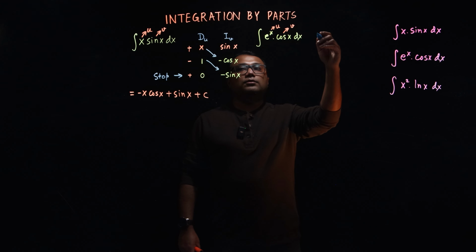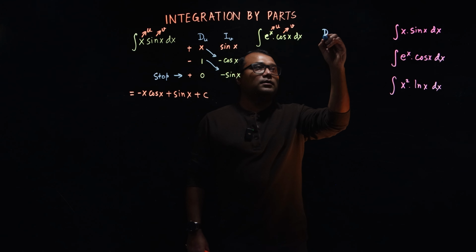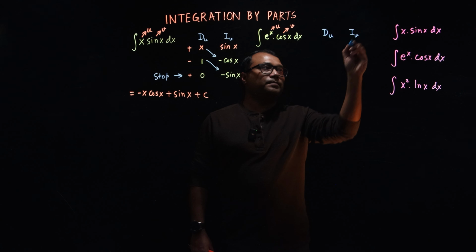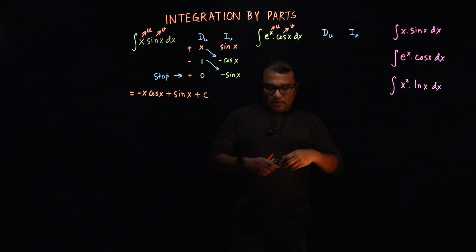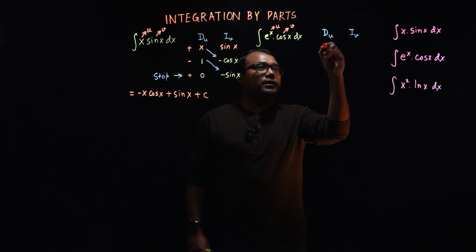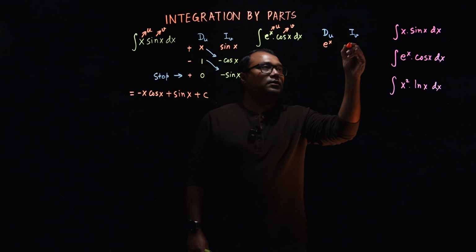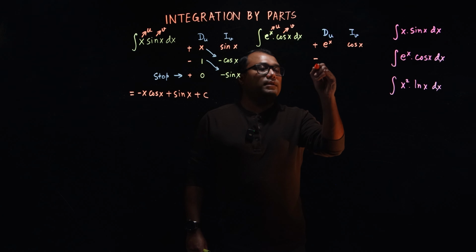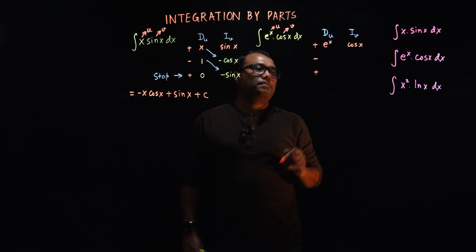Now, let us build out the table. We differentiate u and we integrate v. Let us first write down the functions themselves. E to the power x, cos x, with signs plus, minus, plus.